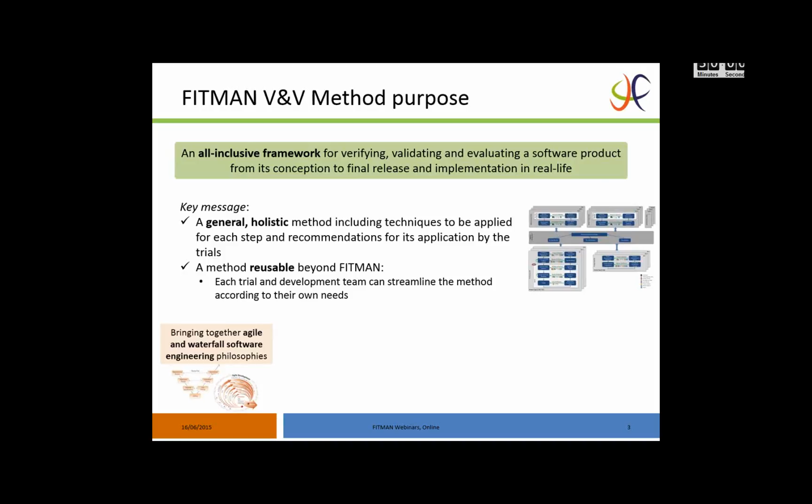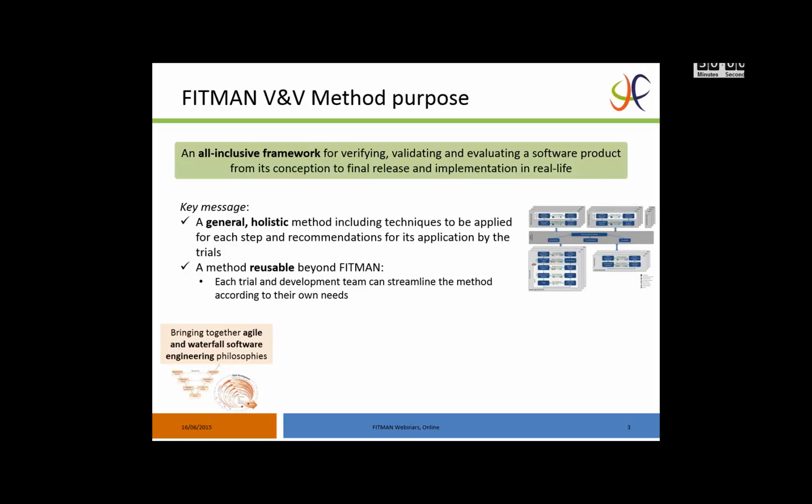What we try to do in this specific methodology is four main aspects in which we try to innovate. First of all, we try to bring together both the agile and waterfall philosophies for verification, and define a common verification and validation methodology.